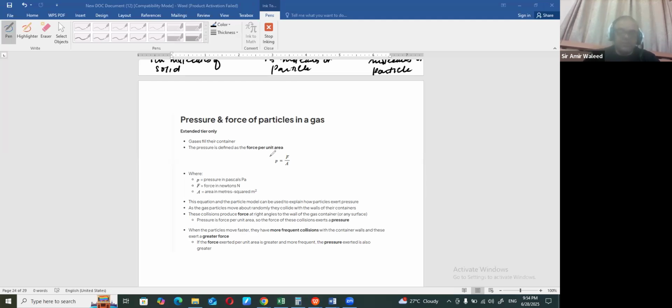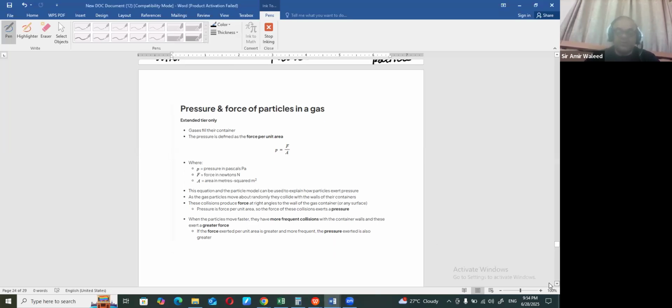As far as area is concerned, the lesser the area of contact, the more the pressure, even if less force is applied. So the greater the force exerted per unit area, the greater the pressure.